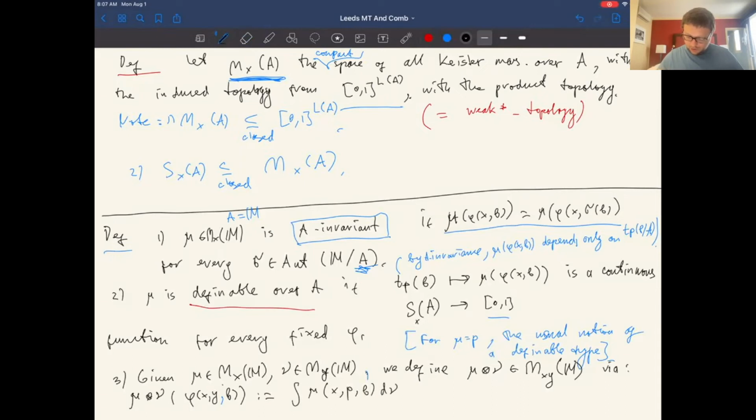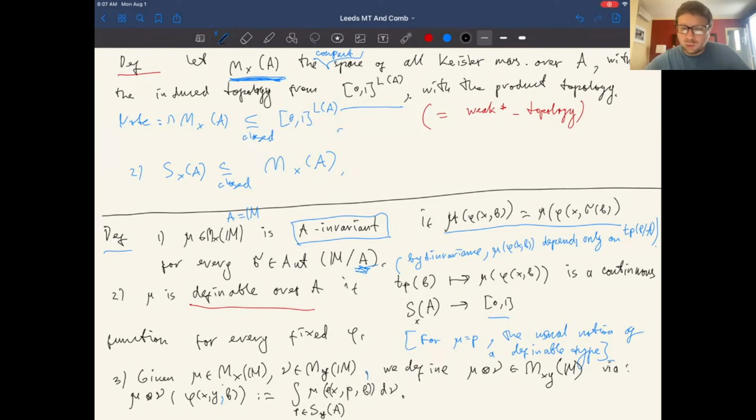Here we integrate over all p types over a in the variable y. So we take the integral of mu with respect to nu here. Oh, and this should be phi. Excuse me, what I wrote is nonsense. So this is phi here.